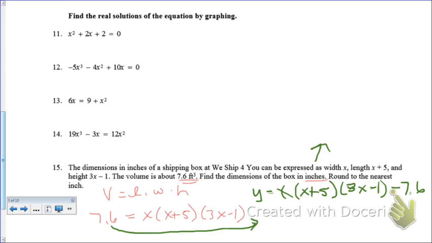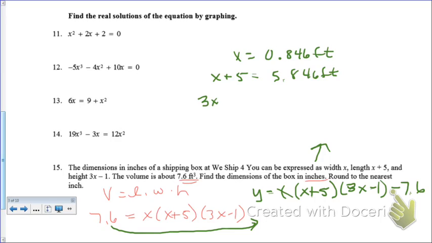I'm going to show a little bit of the work above here. Just to give me some extra room, I've got x equals 0.846 feet. Then x plus 5, I'm just going to add 5 to that, and I get 5.846 feet.